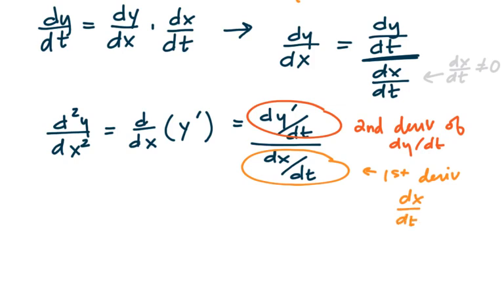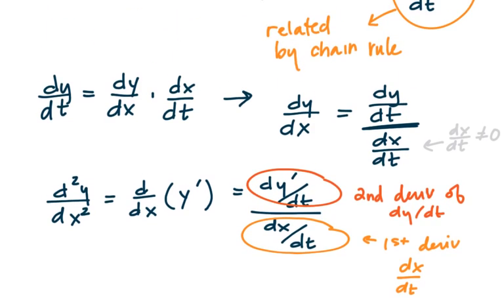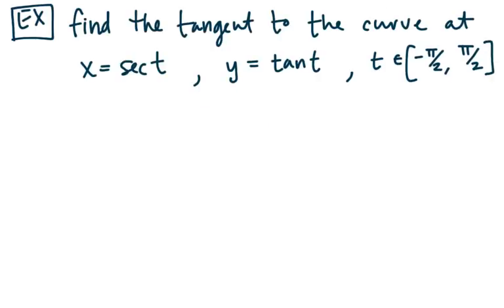So now that we understand what the first derivative and then our second derivative would look like, let's solve a problem. So for example, we're going to find the tangent to the curve using these two parametric equations, x equals secant t and y equals tangent t.